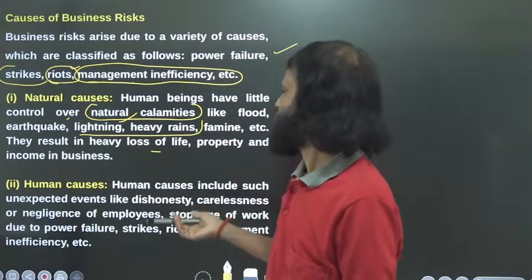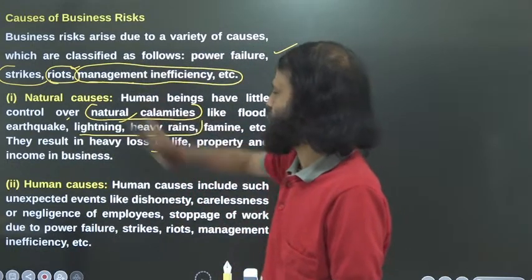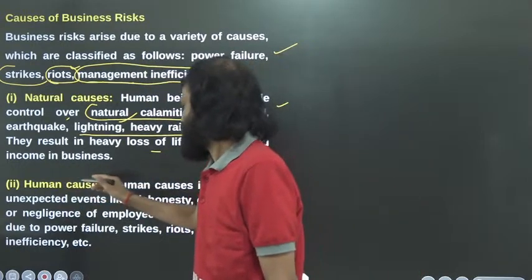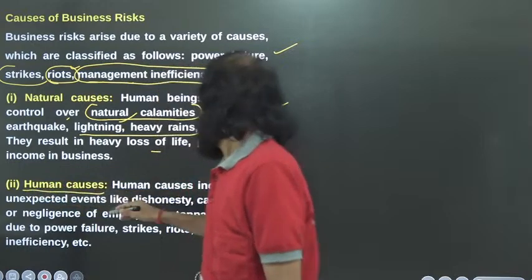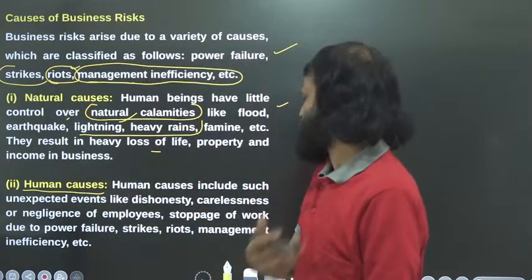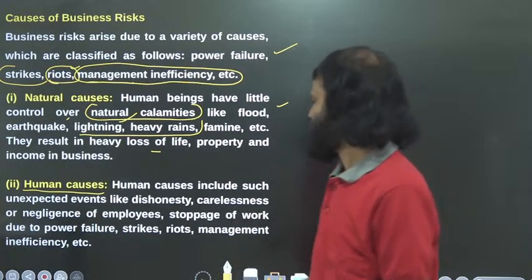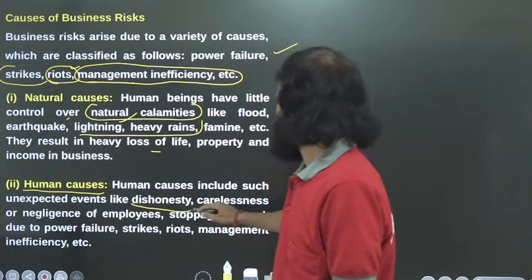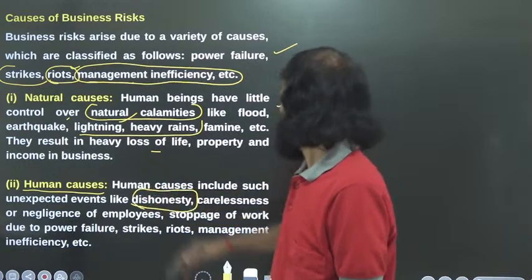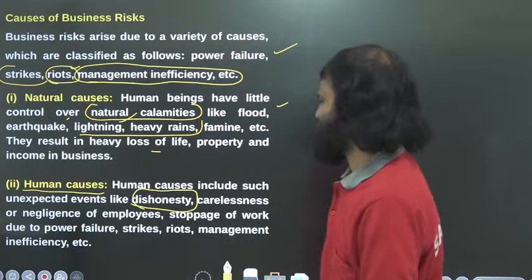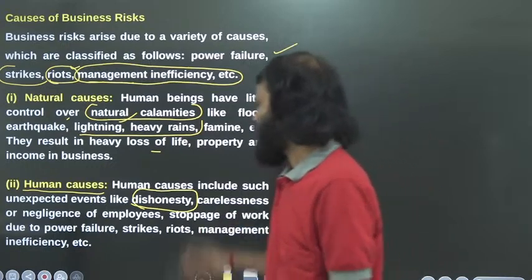Human causes. Now we were talking about natural causes, and now again we are going to study human causes. Human causes include unexpected events like dishonesty of the workers, staff, employees, dishonesty of management, carelessness, negligence of employees.